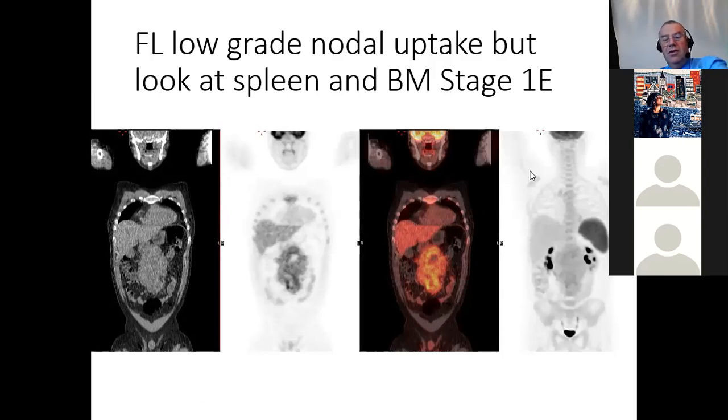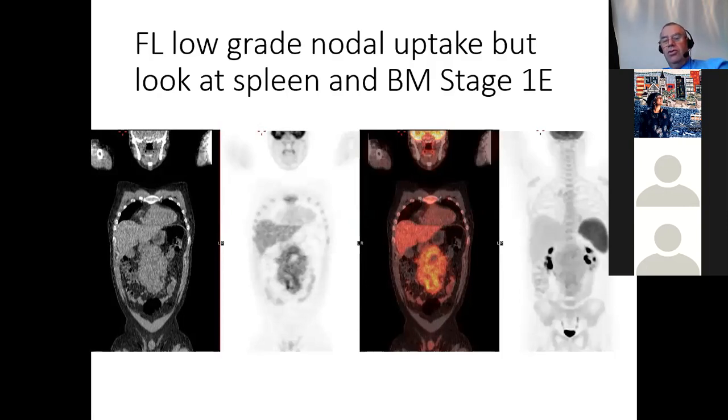You can see there are lymph nodes here in the abdomen, but the spleen is active and you have a higher uptake in the spleen than in the liver. So we would count that as active splenic disease. So this becomes stage 1. Now, some people call it 1E and some people call it 1S.